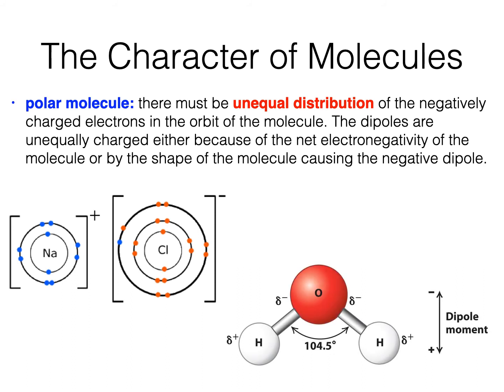Another way we can get polarity, though, is if the intramolecular bonds are covalent, but they're polar covalent, and the geometry starts to enter in. Here you see a water molecule where the oxygen and the two hydrogens are not sharing electrons equally.